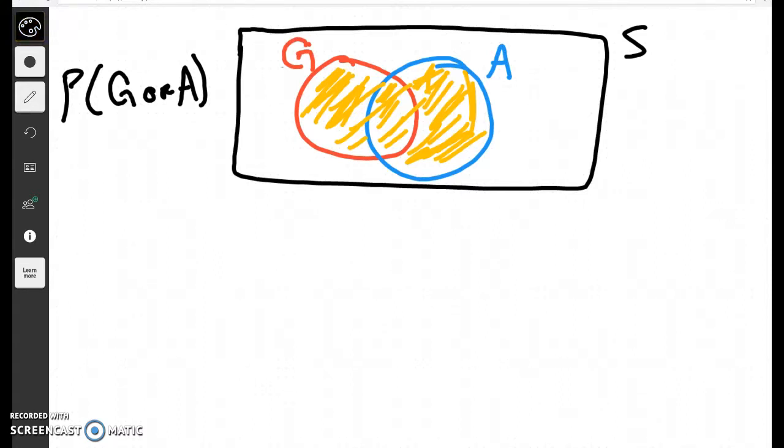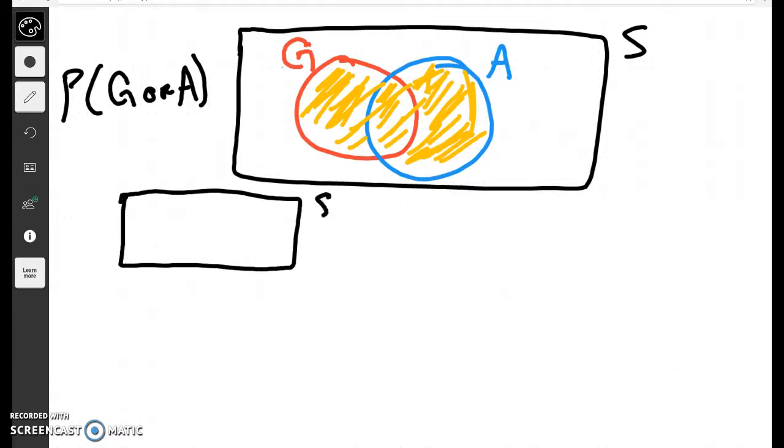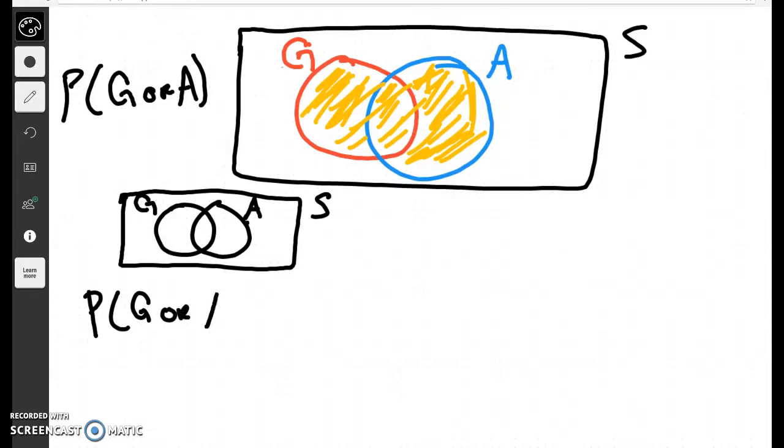Let's try to think. I'm going to write it one more time. Here are the sample spaces: here is girl, here is A student. What I want is the probability of girl or A student. This is going to be my reference.